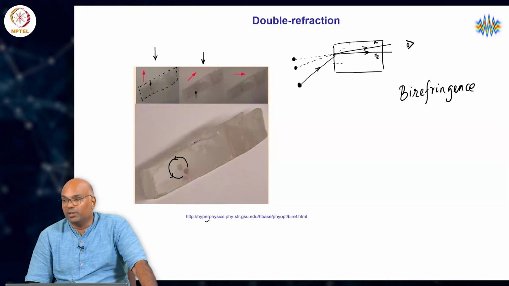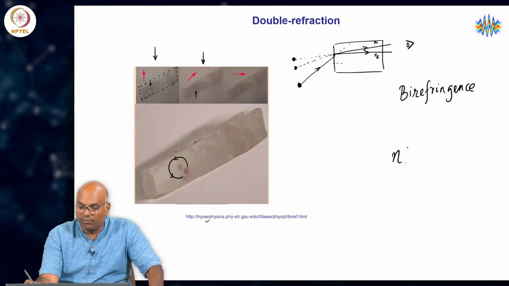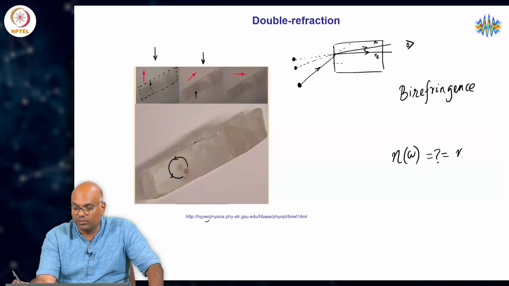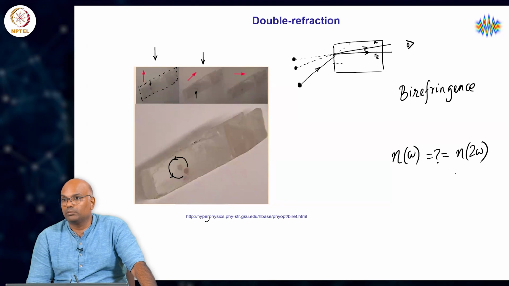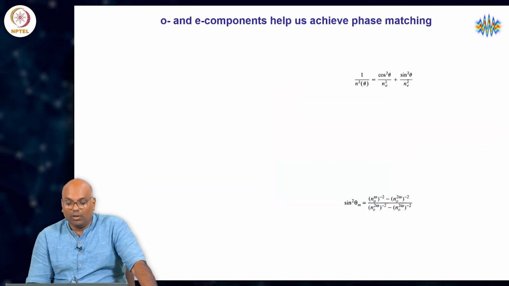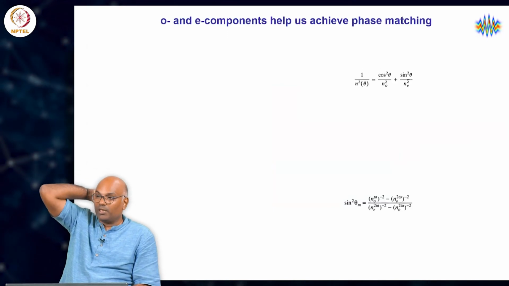Now, why are we discussing birefringence in this course? Because we have hope to maybe get here. Okay, now can I achieve so called phase matching?